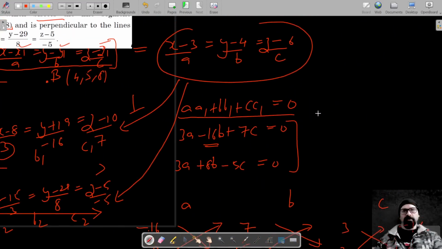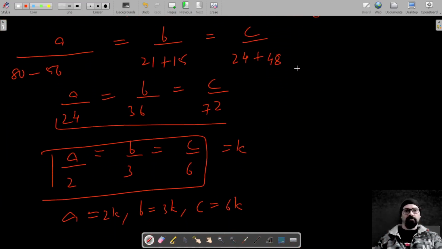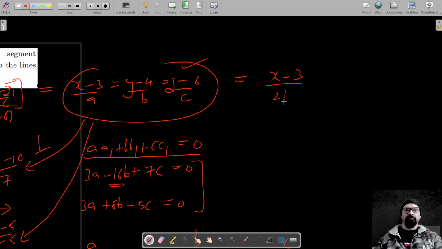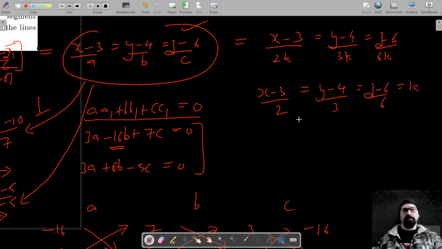If we put the respective values in this equation, our required equation of the line becomes (x - 3)/2k = (y - 4)/3k = (z - 6)/6k.